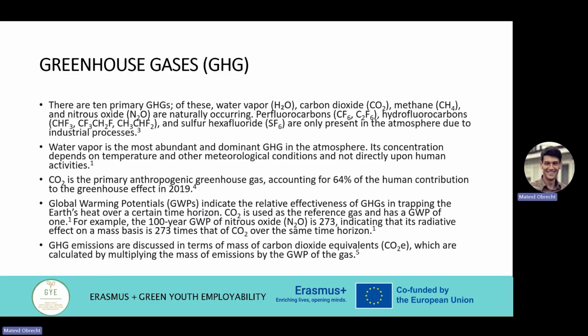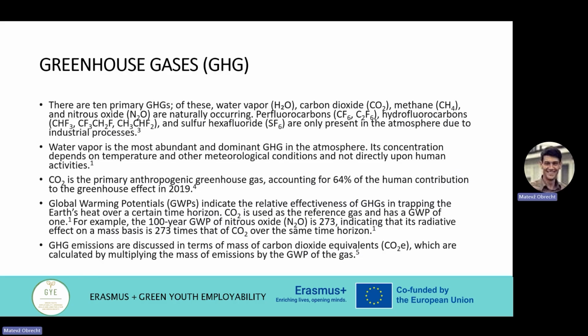And global warming potential indicates the relative effectiveness of a greenhouse gas in trapping heat over a certain time horizon. So as mentioned, CO2 GWP is 1. So that means that over 100 years, it will have a mass basis of 1.